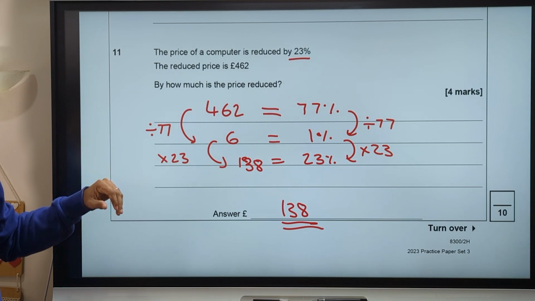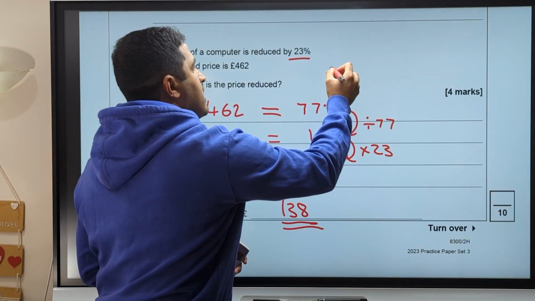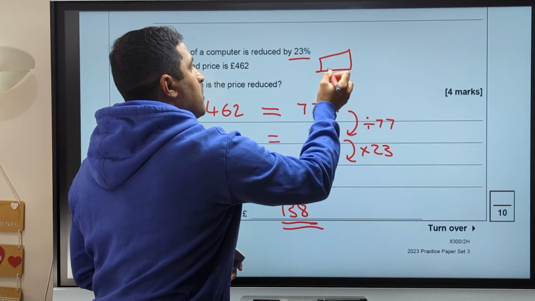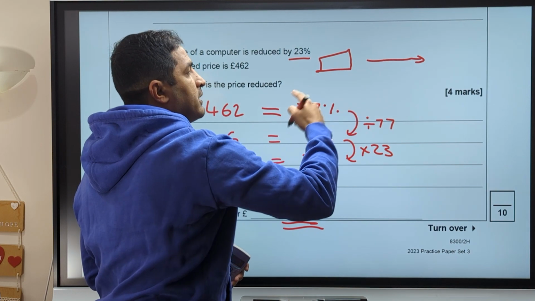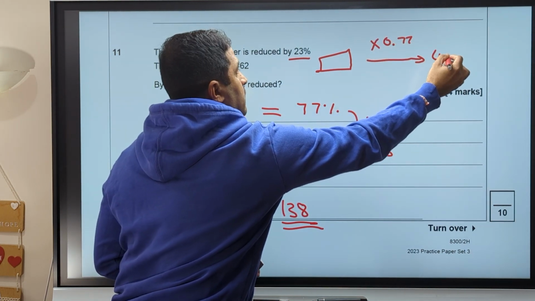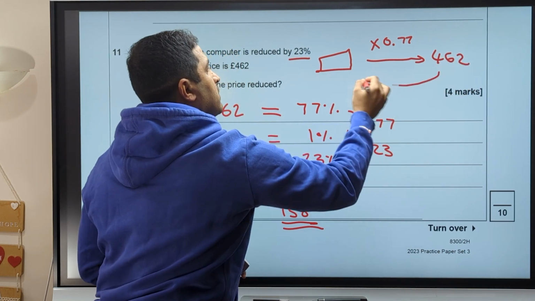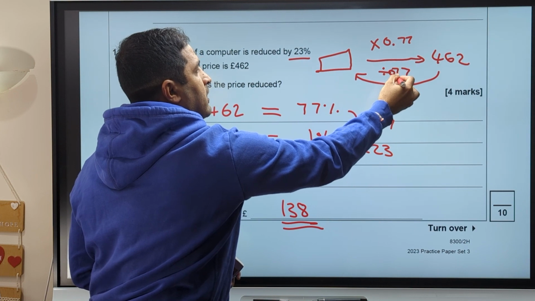There is another way of looking at it, using a calculator very quickly. The original amount, we don't know what that was. When I go that way, which is 77%, reducing something by 23%, I'm multiplying by 0.77 to get to 462. So to work out what the original amount is, I need to divide by 0.77.